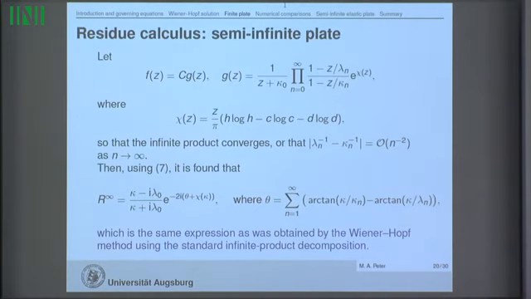And I won't scroll back 10 slides, but I hope you believe me that this is precisely the same expression that I got by the Wiener-Hopf method using the standard infinite product decomposition. So I recover the Wiener-Hopf solution by this residue calculus method.